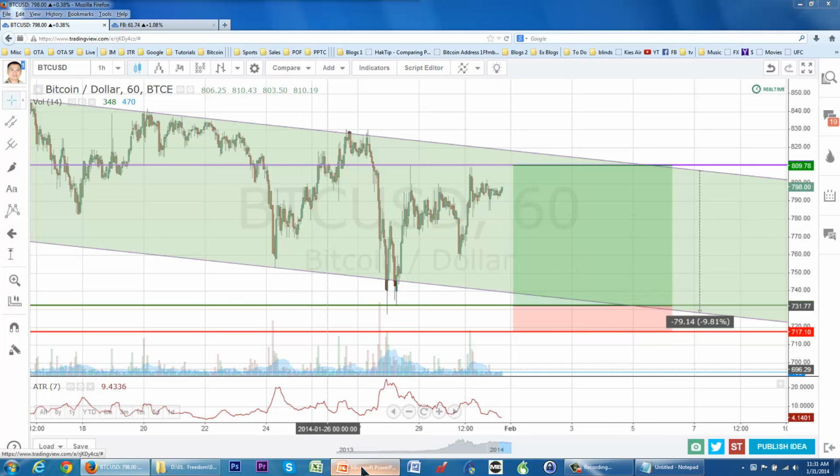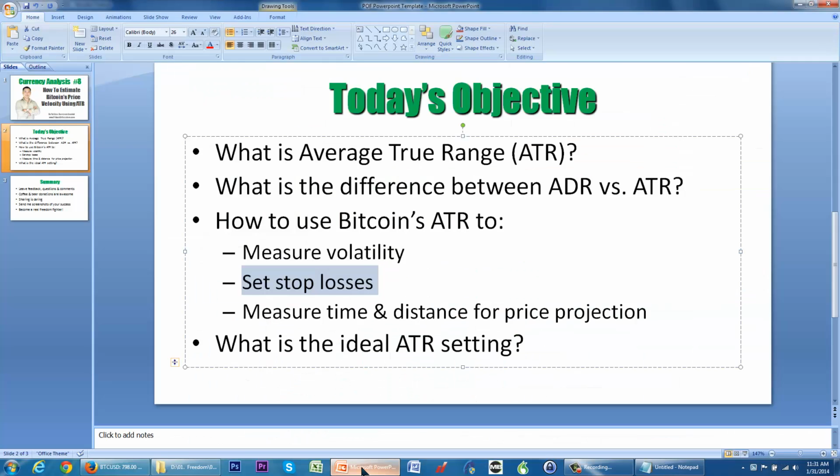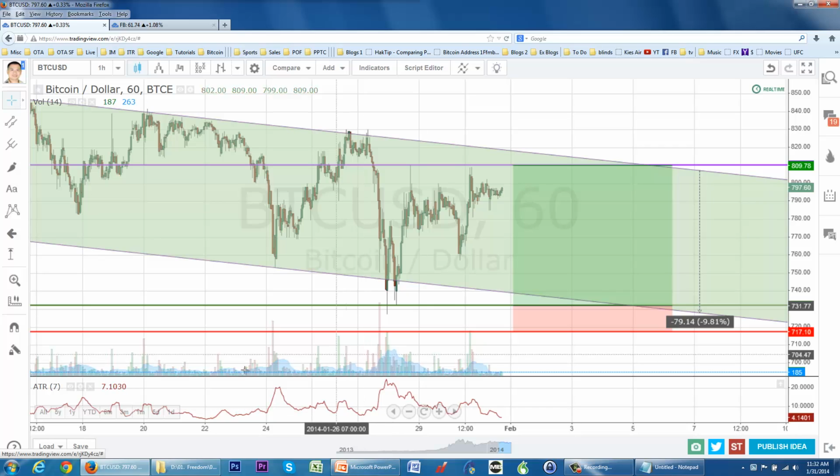Now, the last thing that I want to talk about, so that we can end this video, because it's getting to be a little bit longer than I wanted, is what is the ideal ATR setting? Okay, so now that we know how to use ATR to measure volatility and time and distance and set stop losses, what is the correct setting? There is no correct setting.